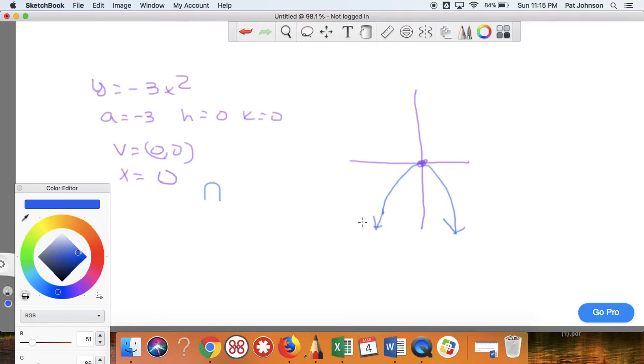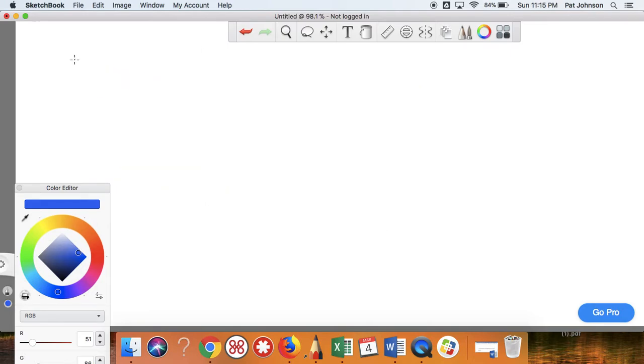All right. Simple enough. Now let's get to more complicated. So let's look at B. It says y equal negative 3 times (x minus 4) squared plus 5. So again, we're going to identify A is negative 3, h is 4, k is 5. So our vertex is going to be what? (4, 5).